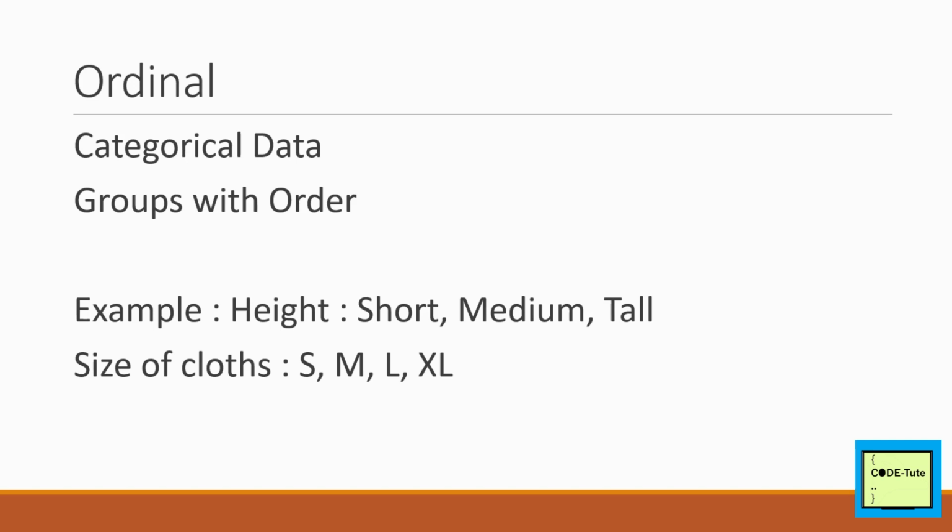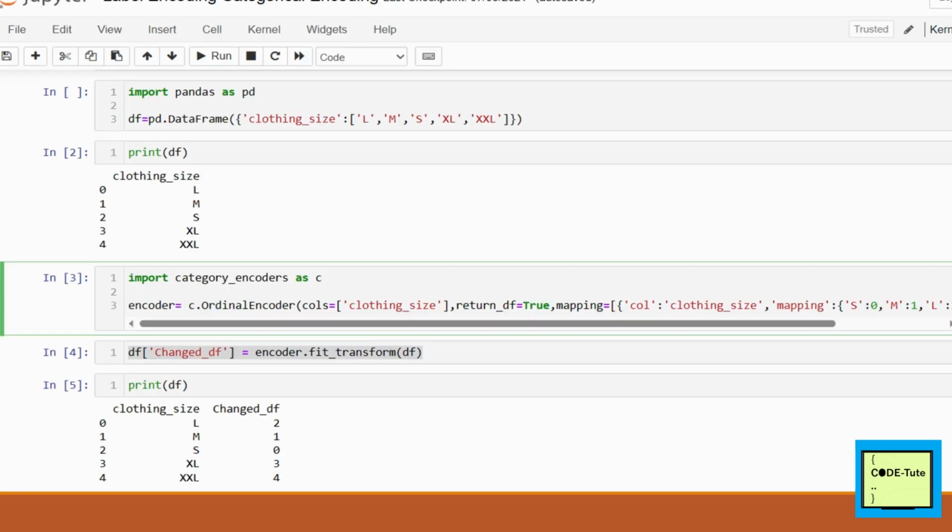Now we will start with our first encoding technique, which deals with ordinal data, and that technique is called label encoding. You have to remember one thing: in an interview, if they ask when to use the label encoding technique, it is mostly used with ordinal data, where there is a sort of order in the data.